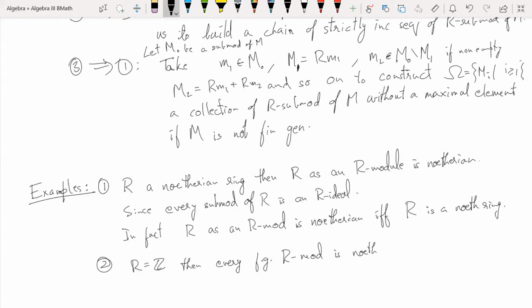Of course, if the module itself is finite... this we will see more generally. If R is a Noetherian ring and M is a finitely generated R-module, then we will show that M is indeed Noetherian.